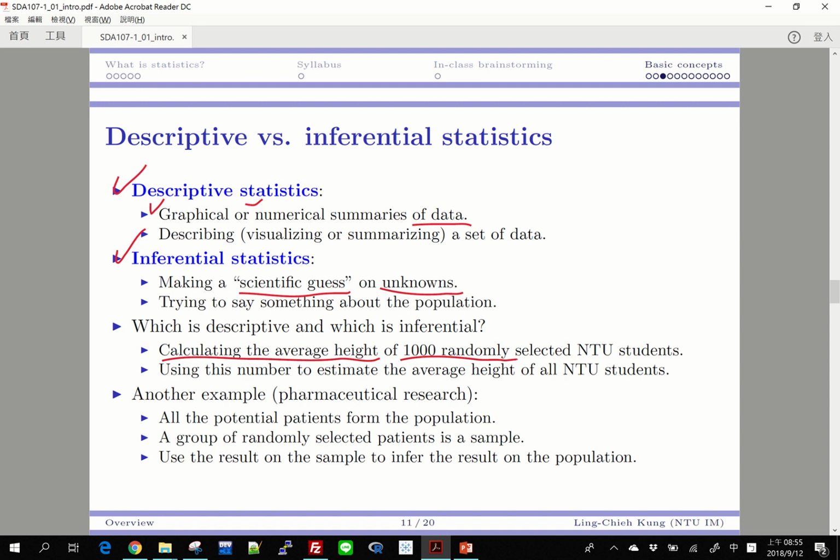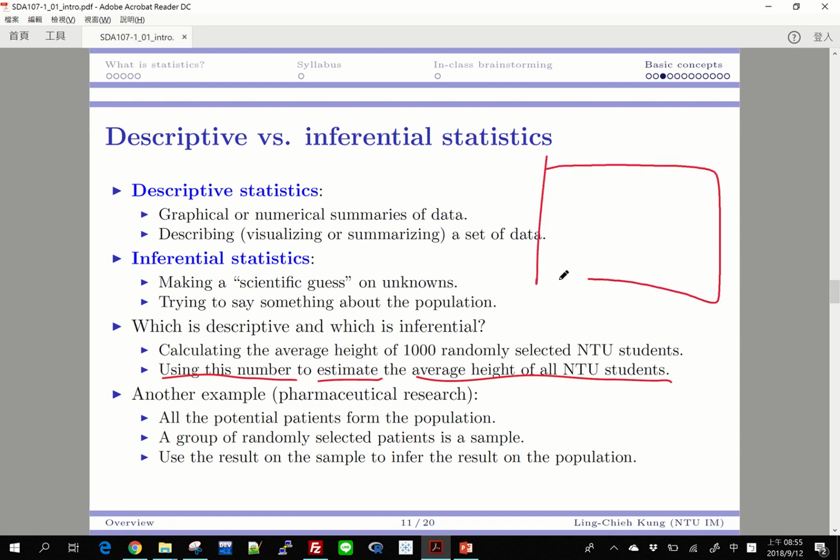Then in that case, that's descriptive statistics. I just do a numerical summary of that set of data. Okay, and then if I use that particular number to make an estimation to the average height of all the NTU students, if I do that, then that's inferential statistics.